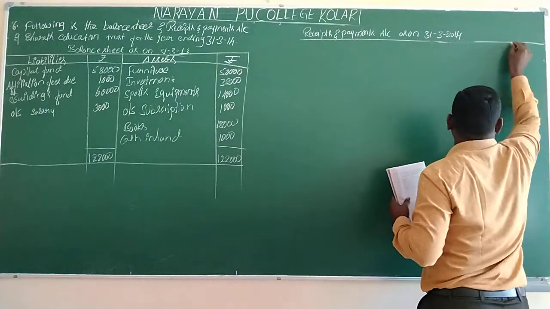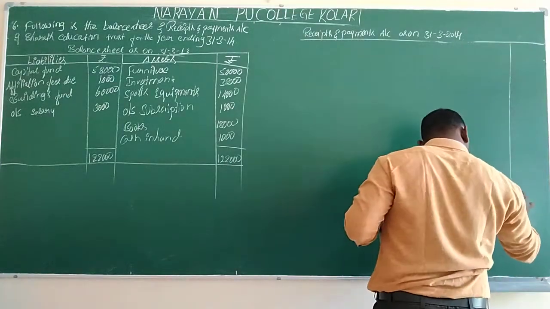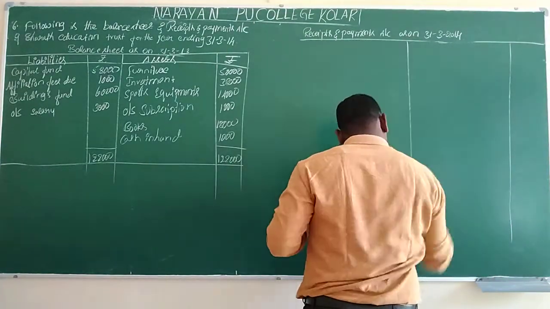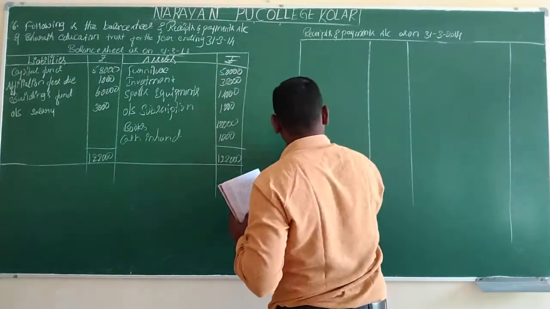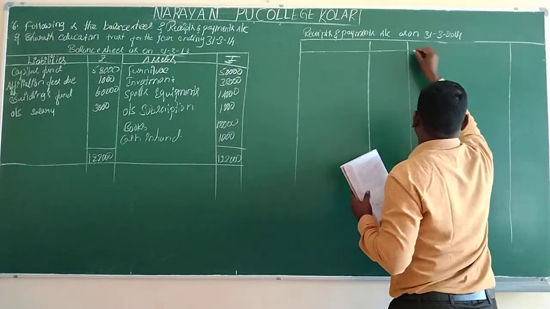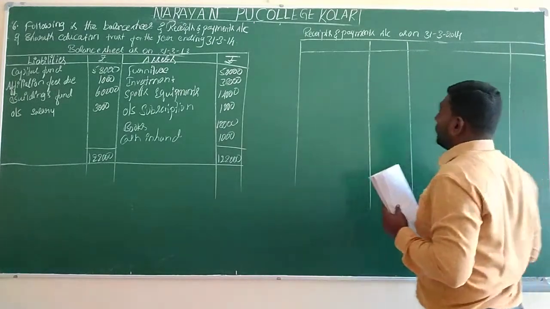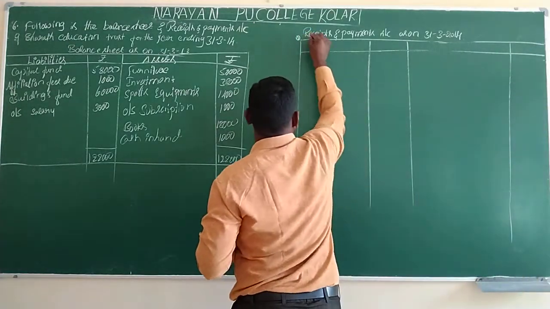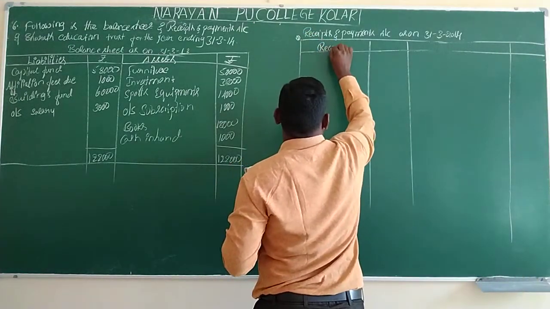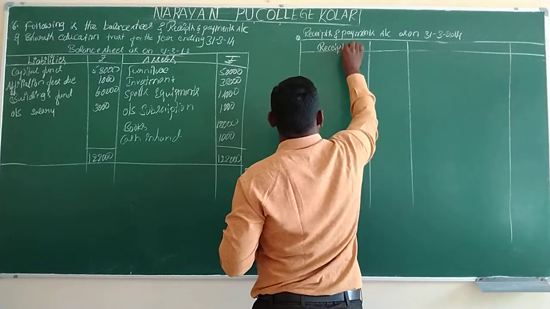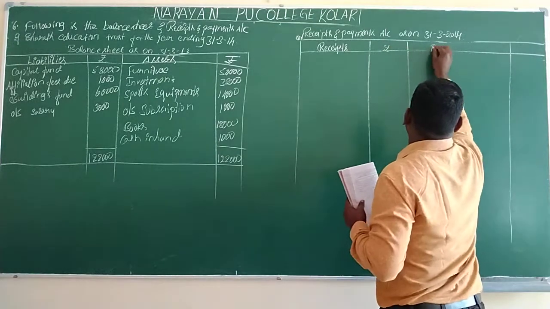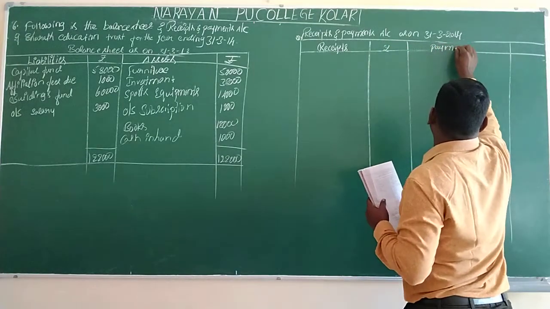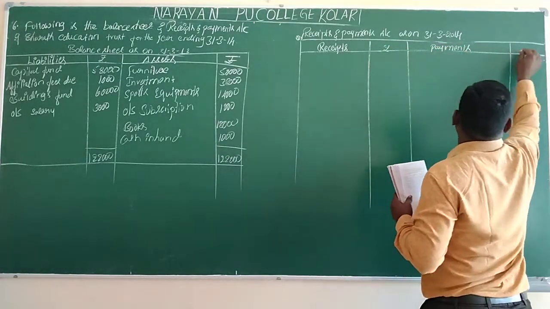We will draw the columns for receipts amount and payments amount, so we will write debit and credit for this.